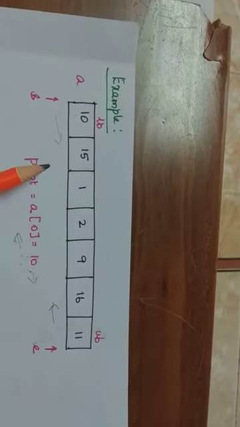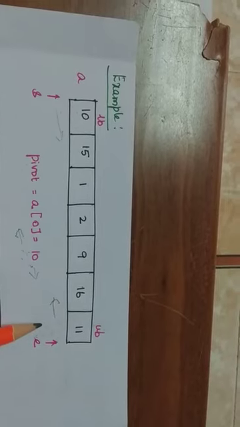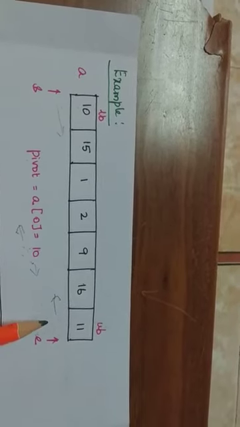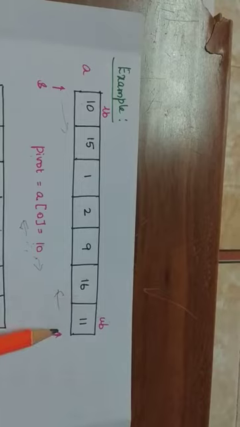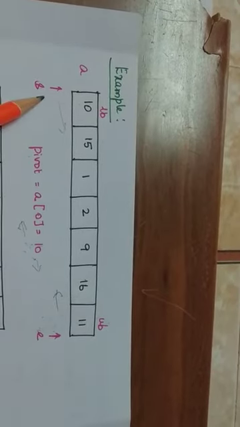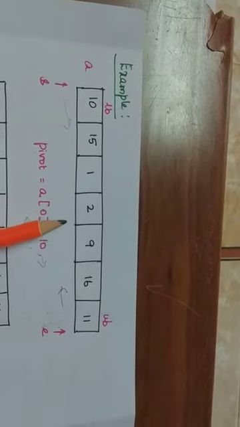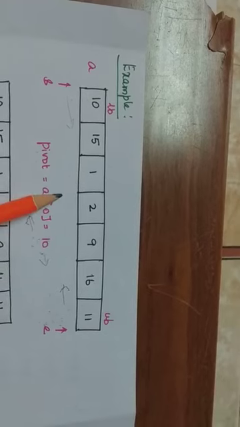We will swap the starting and end values whenever S has not crossed E, where S goes on incrementing and E goes on decrementing.